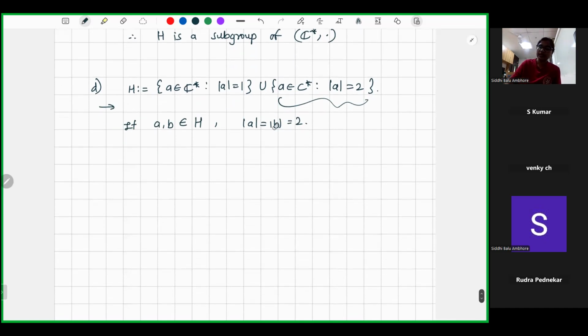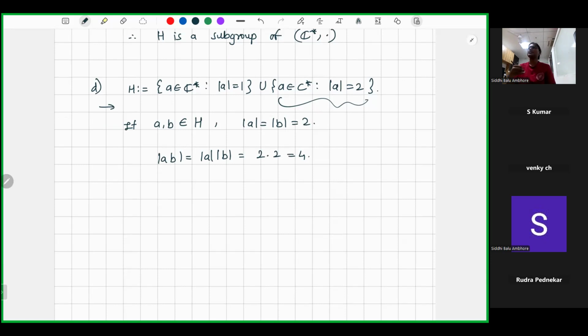That is okay, but here it's even easier. If I take these two elements in H with modulus 2, then what will be the modulus of AB? It is 2 into 2, that is 4. And it is anyway not there in this set.